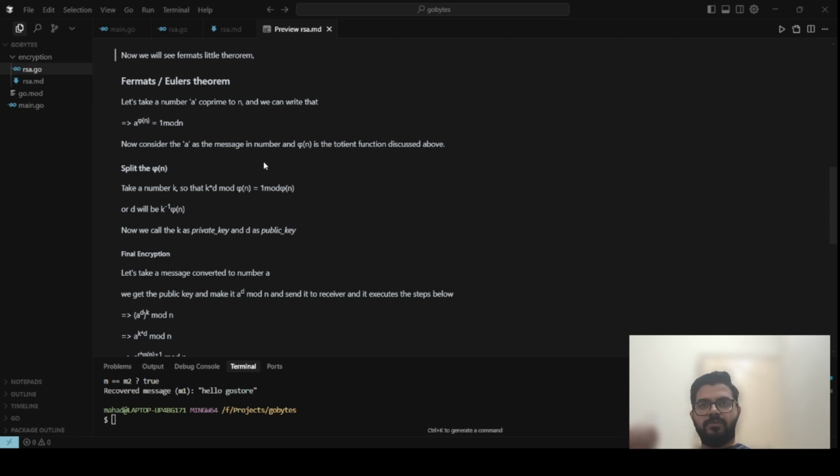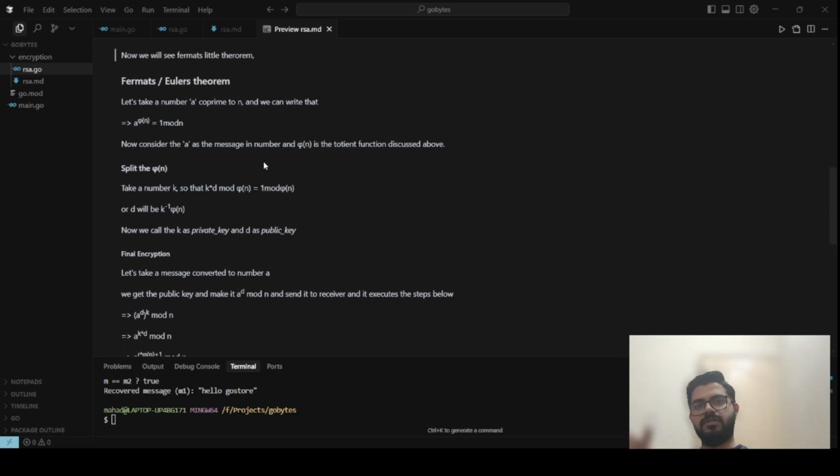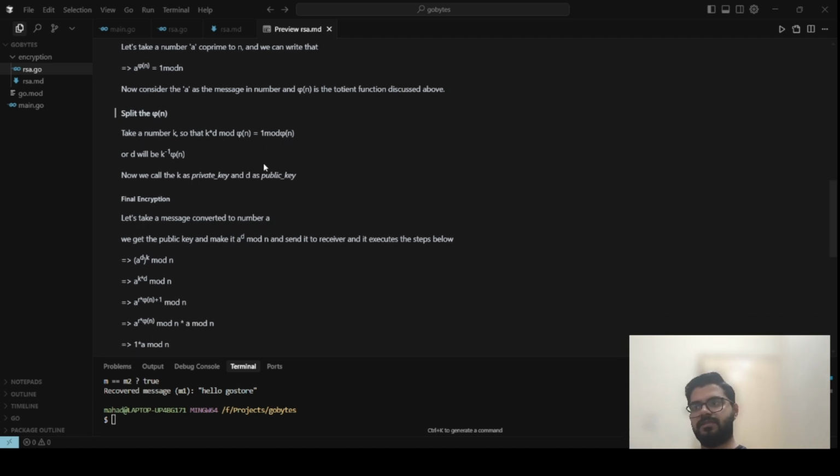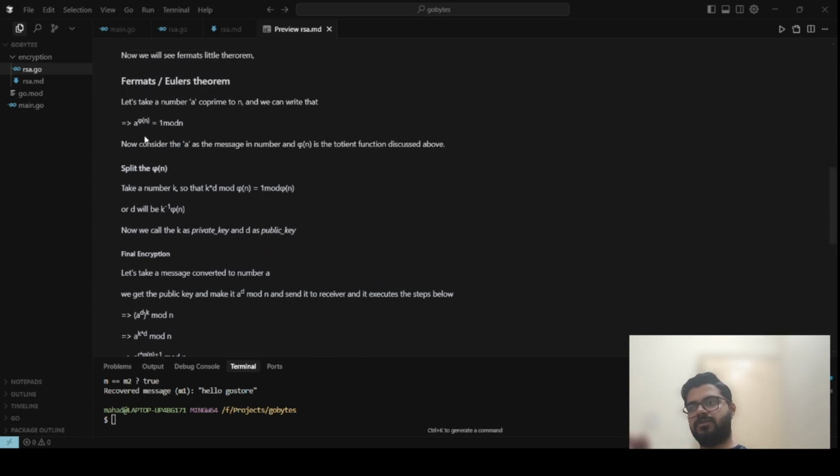given that a is coprime to n. For example, 2 to the power 2 is equal to 1 mod 3. 2 to the power 2 is 4, and 4 mod 3 equals 1. So that is the idea. From this concept, can we come up with something else?